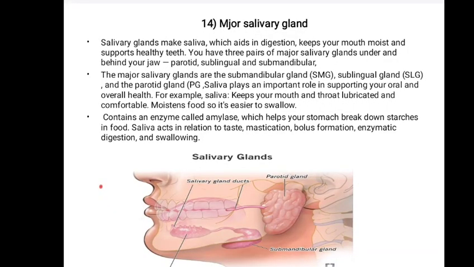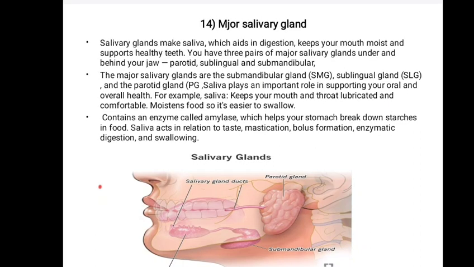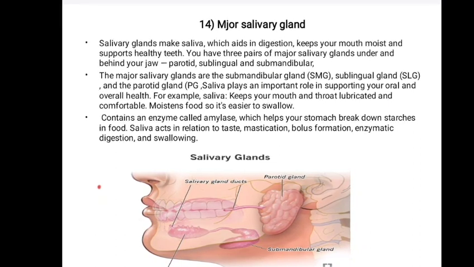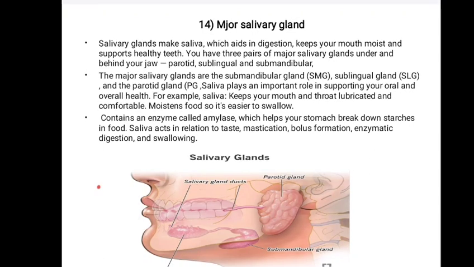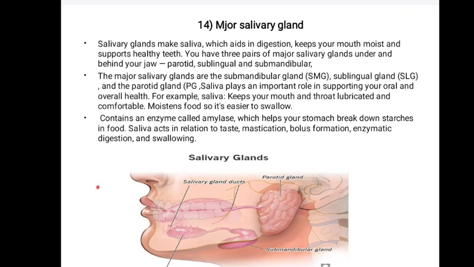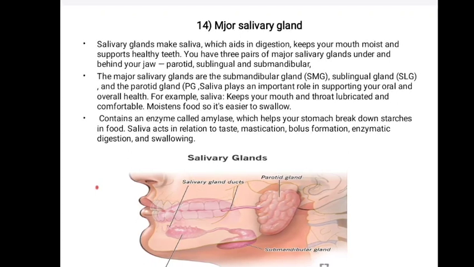Question number 14. Major salivary glands. Salivary glands make saliva, which aids in digestion, keeps our mouth moist, and supports healthy teeth.